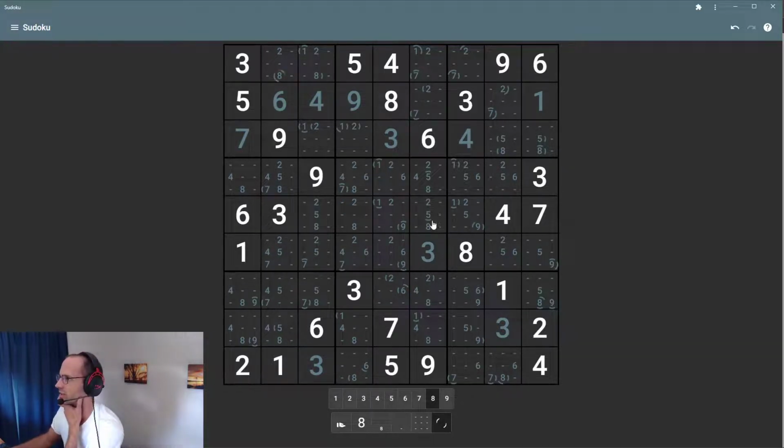I still want to get down into here. That was an 8. That was an 8. So one of these two has to be the other 8. We could figure it out by deciding what this cell is, if we could get up there somehow. Not seeing it, though.